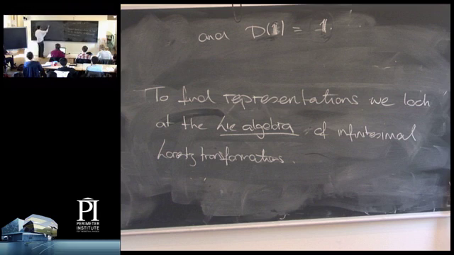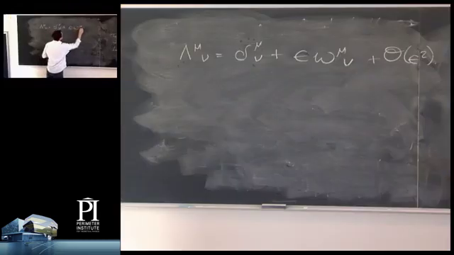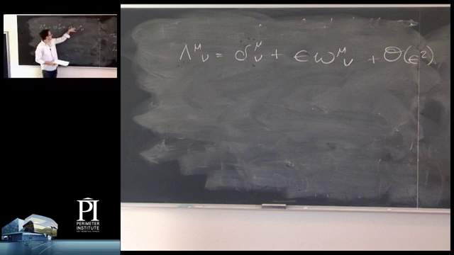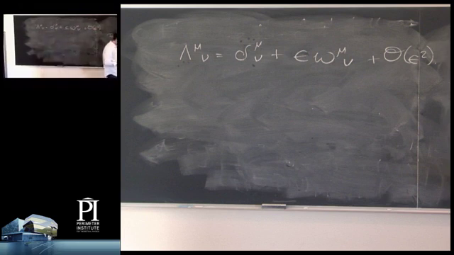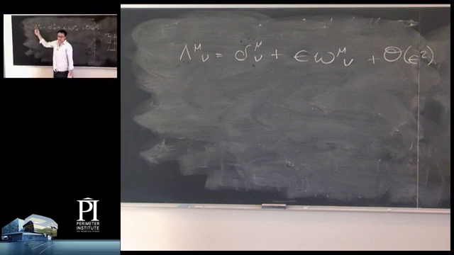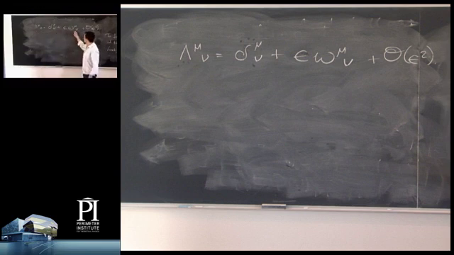Okay, so what's an infinitesimal transformation? We take a Lorentz transformation which does nothing, and then something which is small, and by small we mean it's of order epsilon. Okay, so these Lorentz transformations are special. They have particular properties. The properties of the Lorentz transformations are going to be imposed on the properties of these infinitesimal transformations.